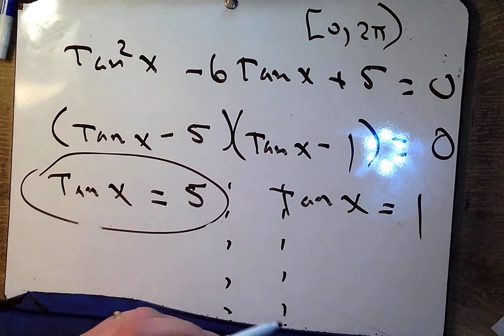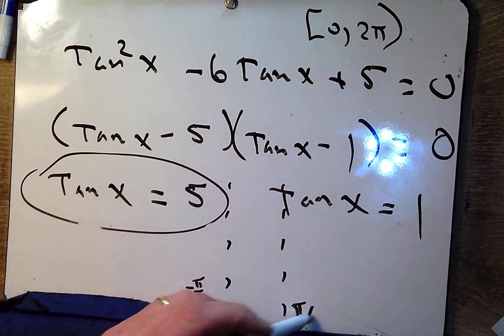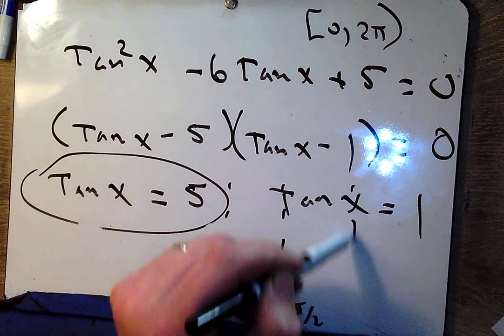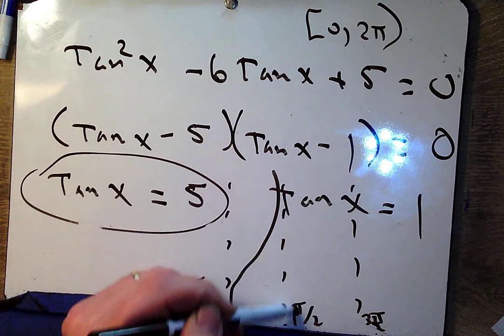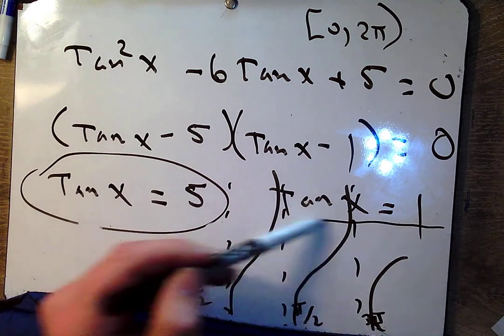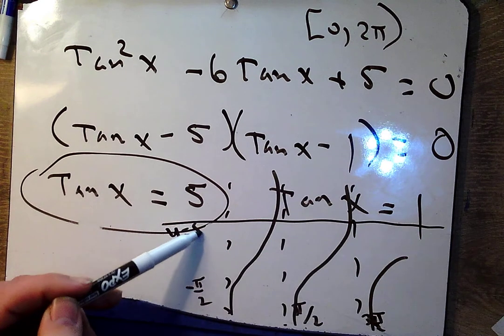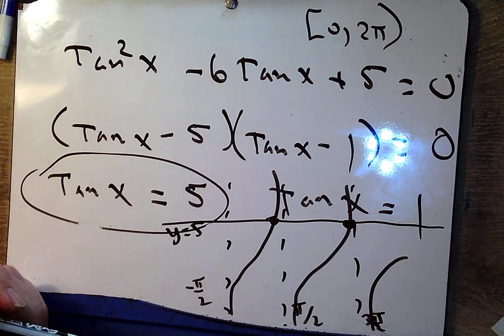And one of the reasons that we did the graphing of our trig functions, including tangent, was so that we could say, here's the line y equals 5. Look, I've got 2 solutions.